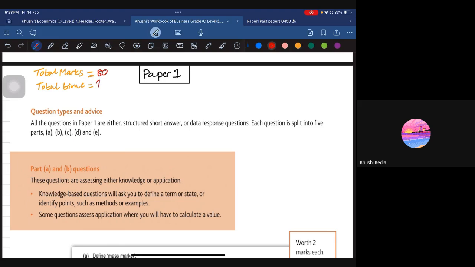Why are you not confident about it? Okay. So now we are going to discuss how many questions there are going to be. Question number one, question number two, question number three, question number four. That's it. So part A, B, C, D, and E as well.